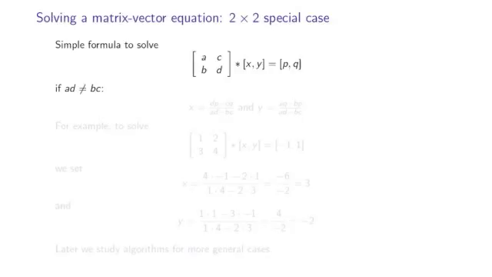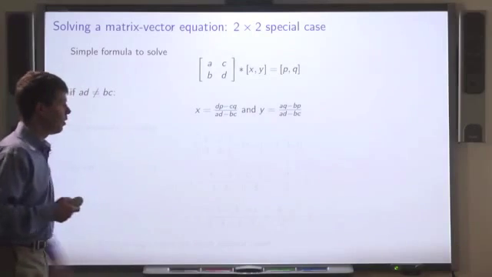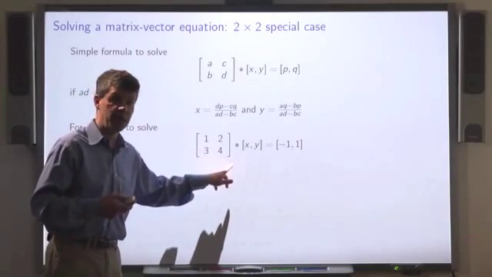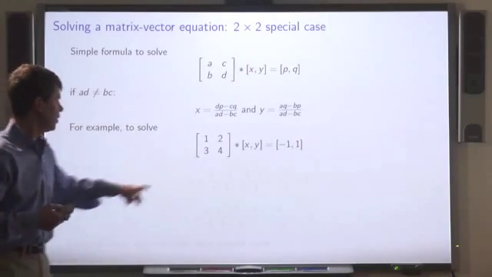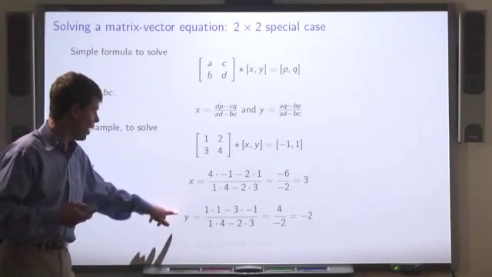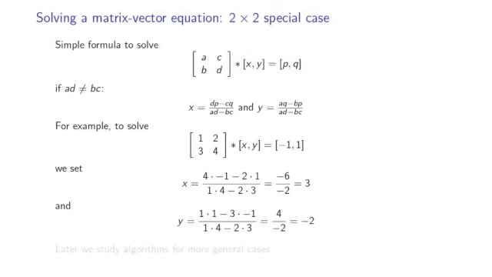If that's the case, we solve by setting x equal to (dp - cq)/(ad - bc), and y equal to (aq - bp)/(ad - bc). So, for example, to solve this matrix-vector equation, we would set x and y according to the formulas. Later, we'll study algorithms for the more general case.